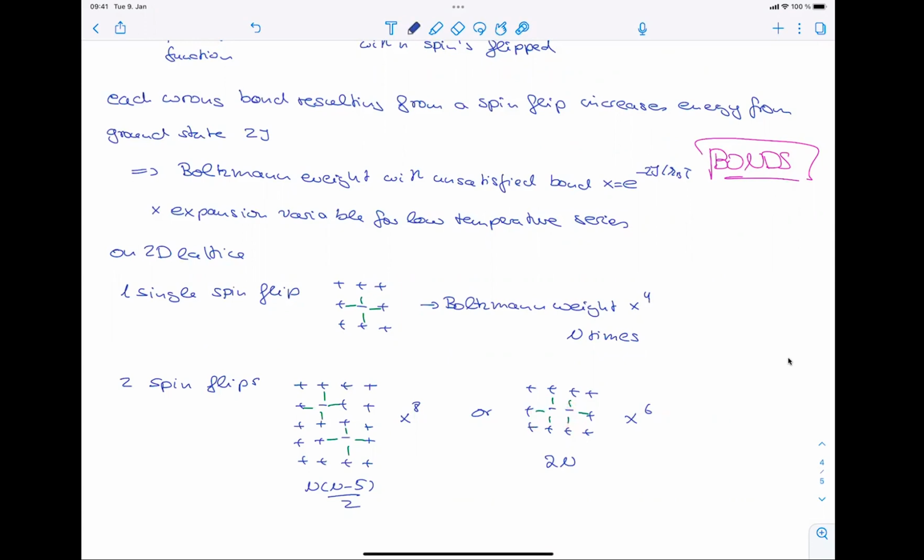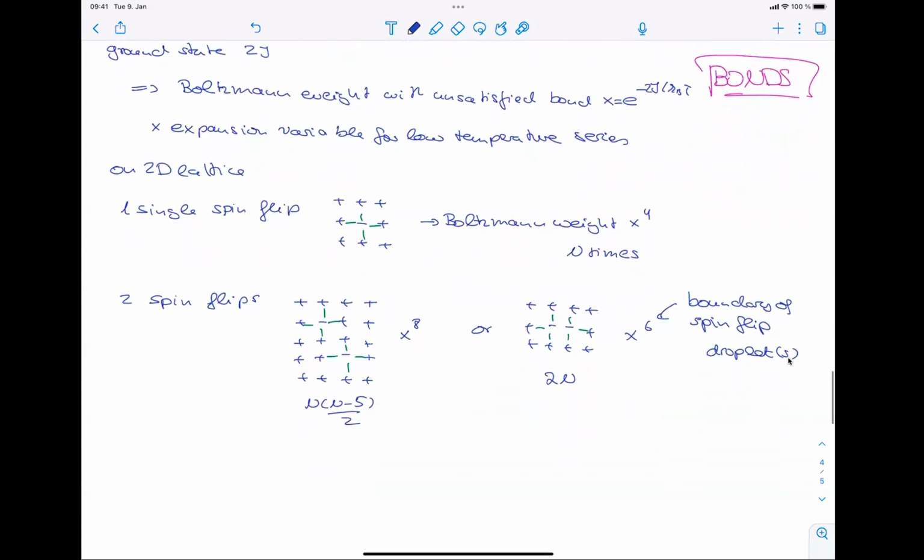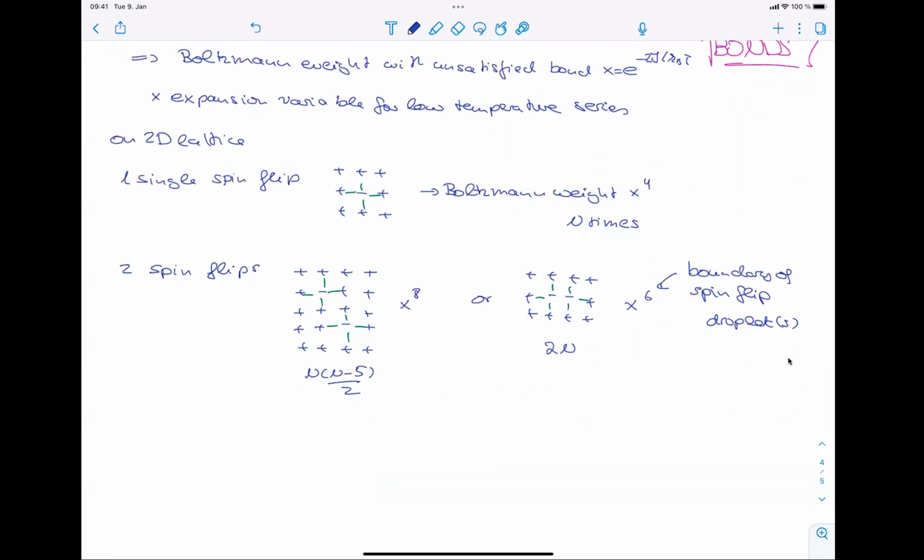So this measures the boundary of spin flip droplets. And as before, at higher orders, complexity goes up quickly. But let me show you 3 spin flips.